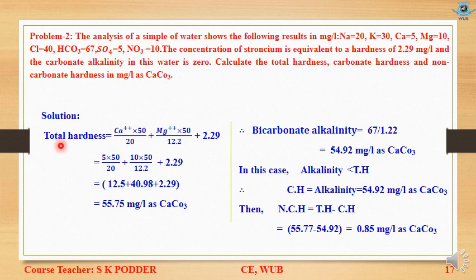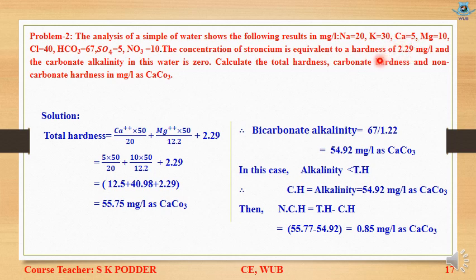Here for total hardness, first of all comes calcium multiplied with 50, where 50 stands for the molecular weight of calcium carbonate, and 20 is the equivalent weight of calcium. For hardness calculation, after calcium, magnesium comes in. For magnesium it is 10, so here we put 10, and for calcium it is 5. The concentration of strontium is equivalent to a hardness of 2.29.